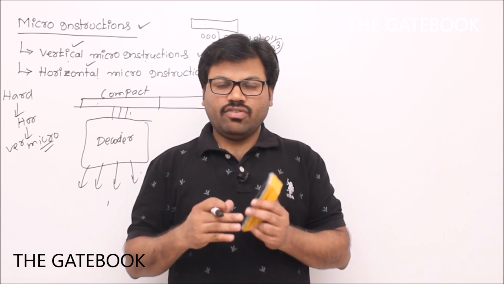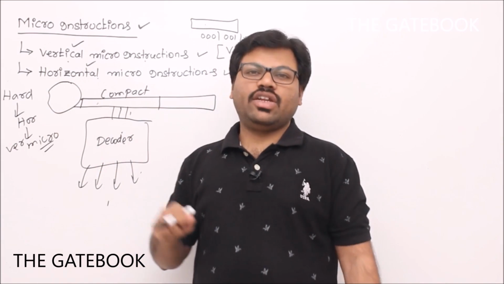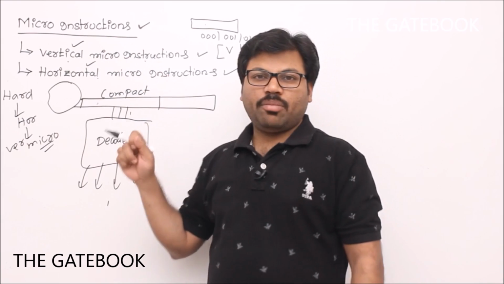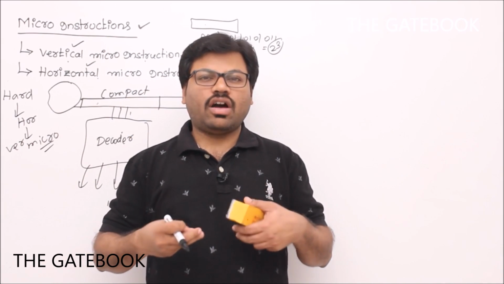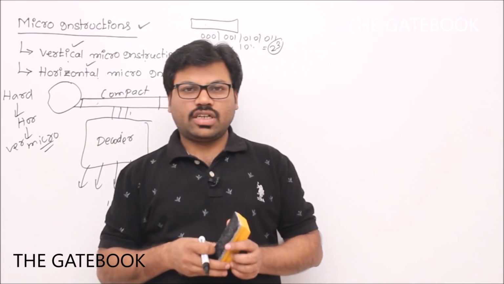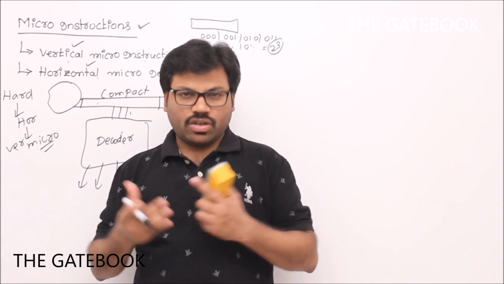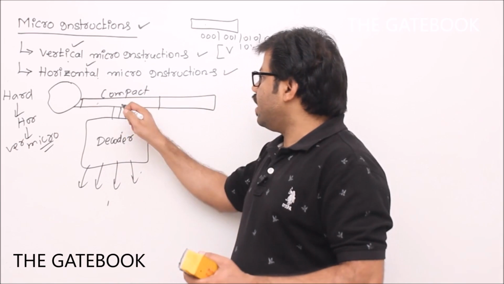At the design level, once you design a circuit, if you want to do any modification, it will be very difficult. But in microprogramming, if you want to add any new instruction, or any new control signals, maybe because you want to add new equipment to your circuit, then we can change the program.